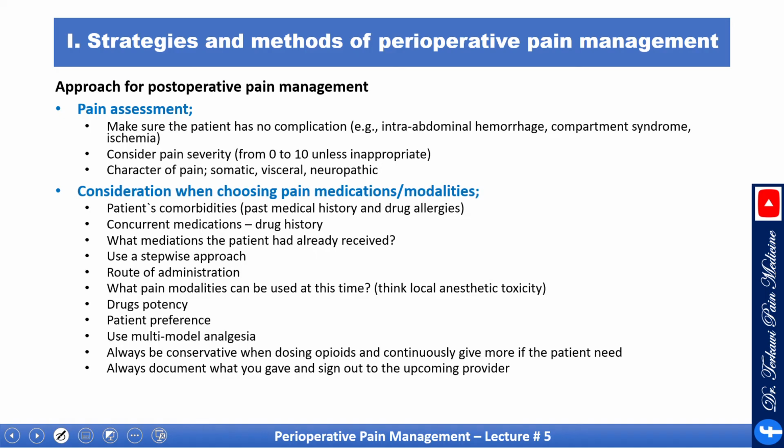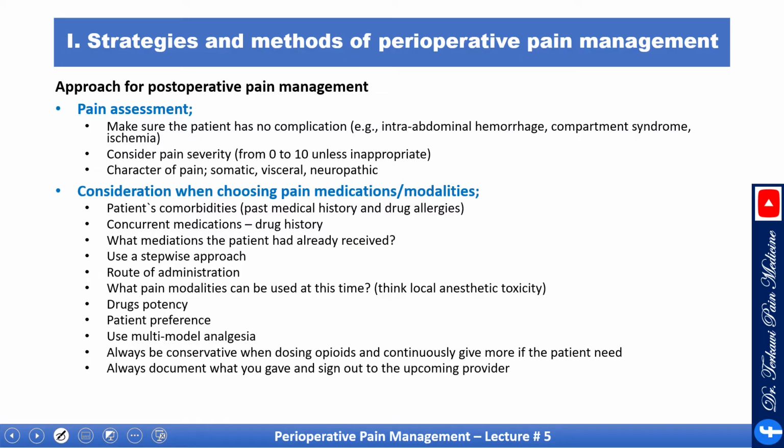Consider when choosing pain medication modalities: patient comorbidities, concurrent medication, drug history, what medication the patient has already received. Use a stepwise approach. What route of administration you're going to choose, what pain modalities can be used at this time, drug potency, patient preference, and use a multimodal analgesia.